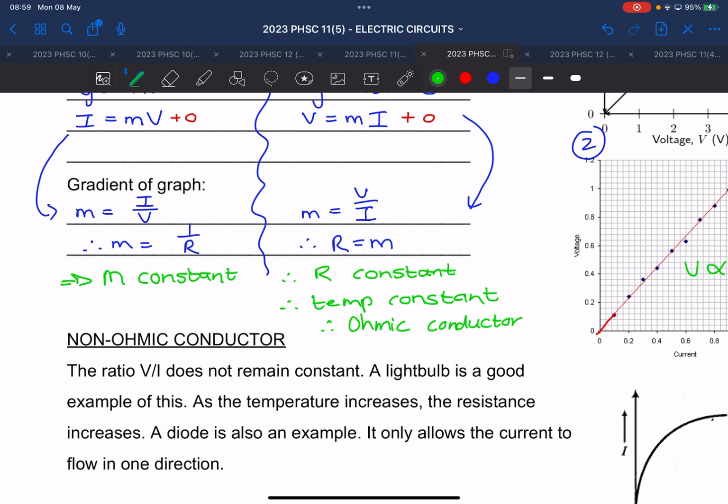Okay, now, when you have a circuit, my plan was for you to play with the circuits. We will see.